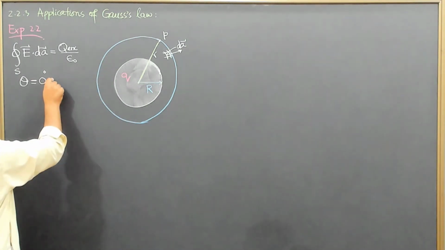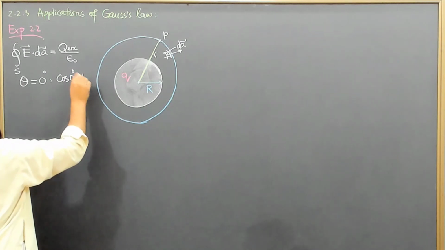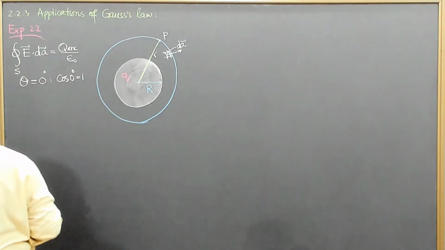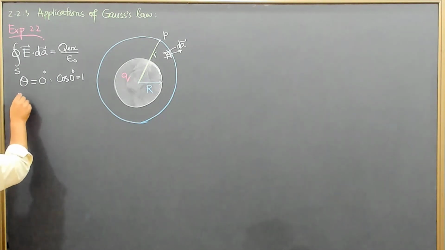So theta will be equal to 0, which will make cos 0 equal to 1, and E dot dA will become E dA.